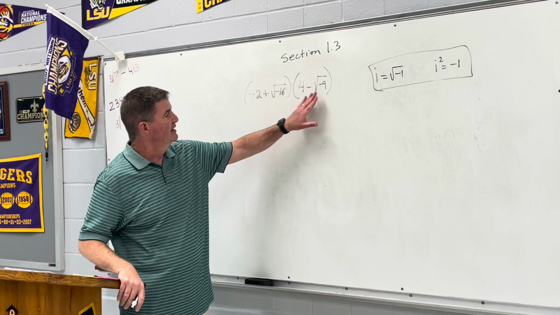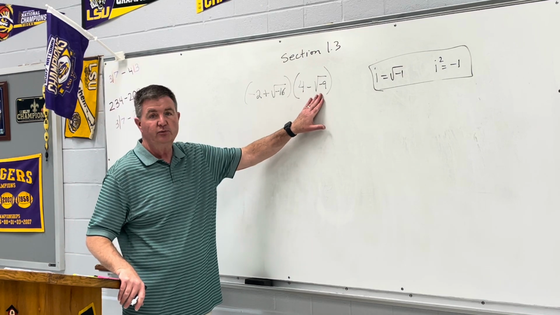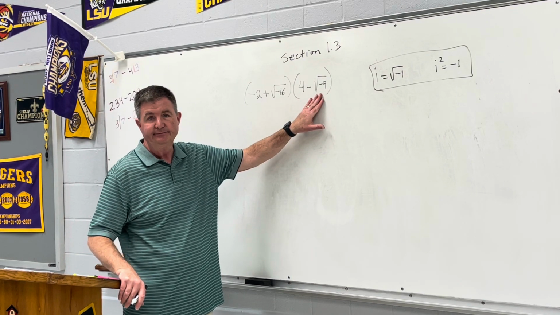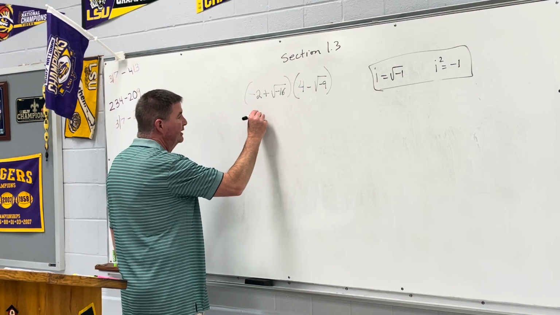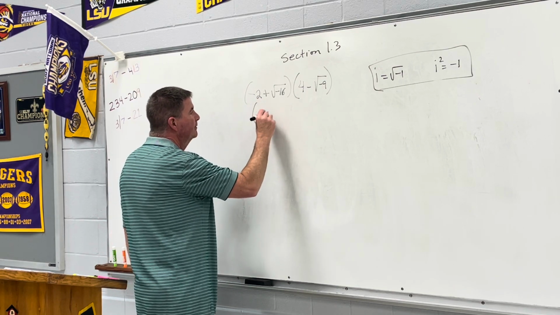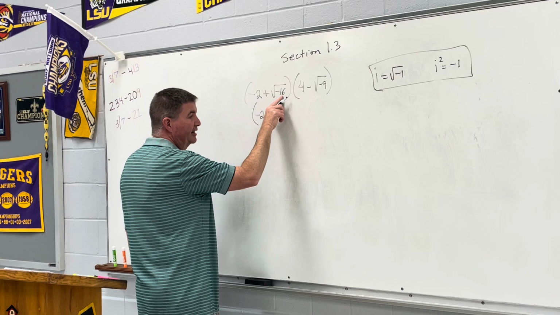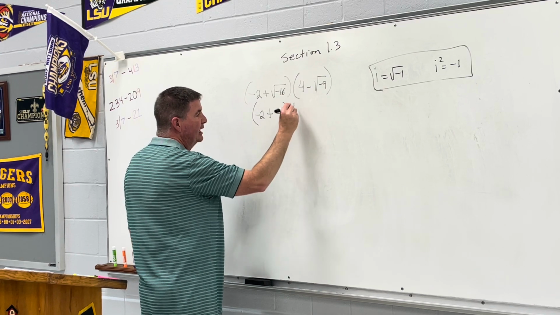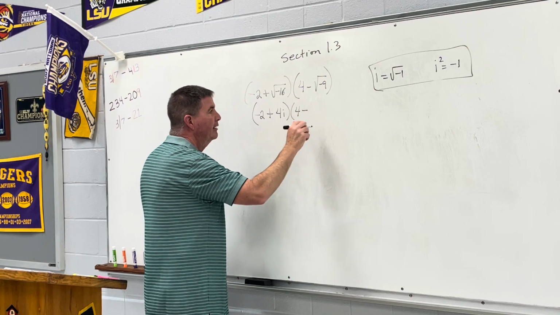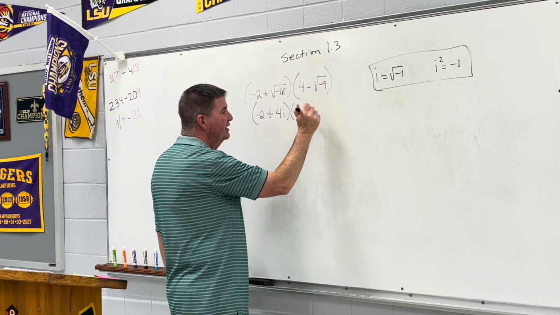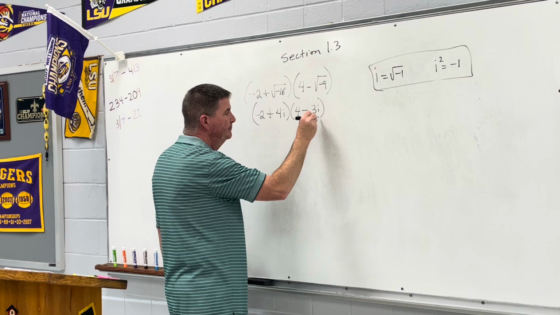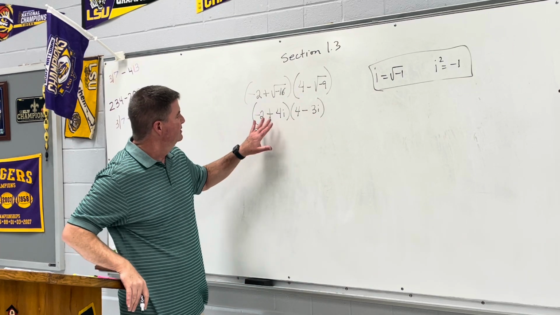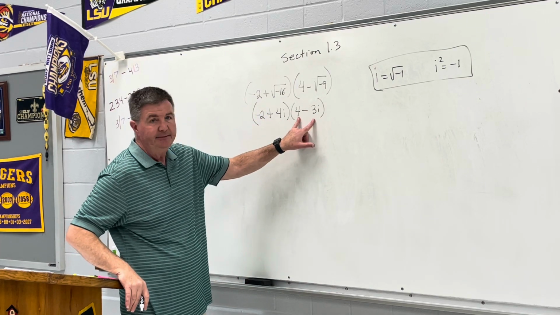We're going to rewrite this in terms of i. So this gives me negative 2 plus the square root of negative 16, which is 4i, times 4 minus the square root of negative 9, which is 3i. So we wrote both of these in terms of a plus bi.